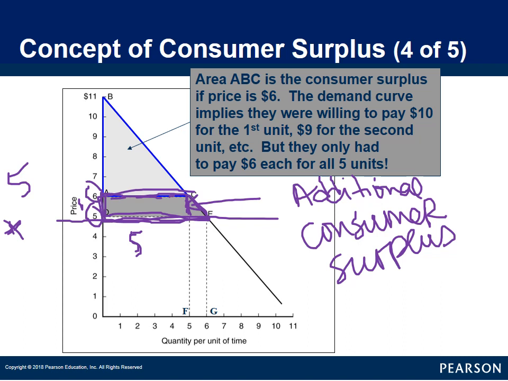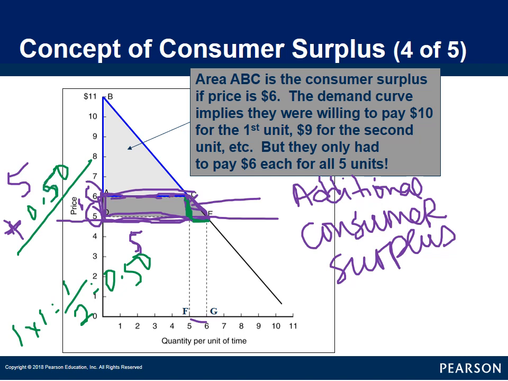Then we have 1 unit times 1 unit for the triangle. Here, I'll change my color. 1 unit up and down, 1 unit across, divided by 2. So 1 times 1 equals 1, divided by 2 is 50 cents. So we add 50 cents to our $5, and our additional consumer surplus is $5.50.